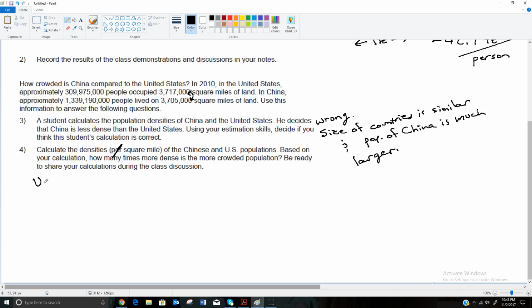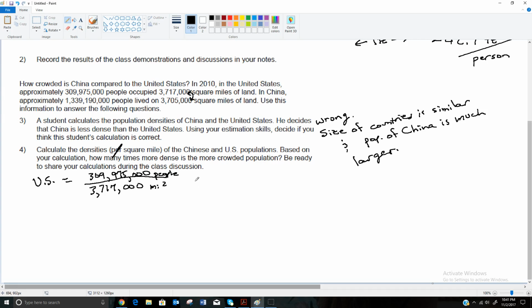So for the U.S., we have 309,975,000 people for 3,717,000 square miles.